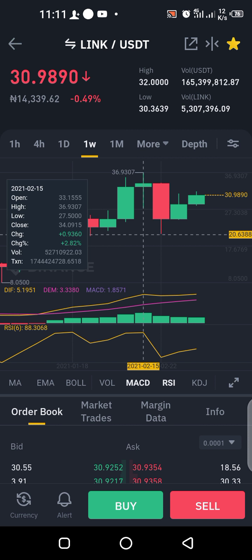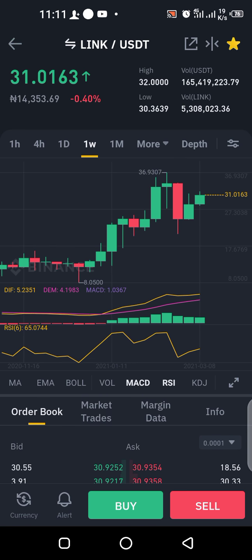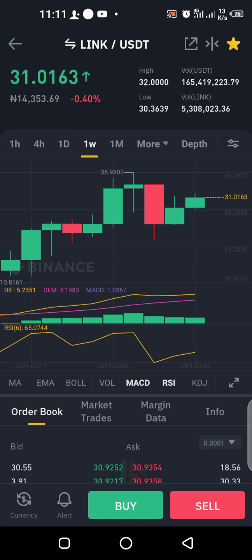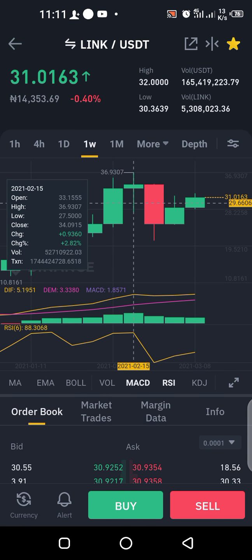Now, this is a dodgy pattern. You can also call it a spinning top and bottom, which suggests a consolidated market. A consolidated market means the next trend can either be up or down.